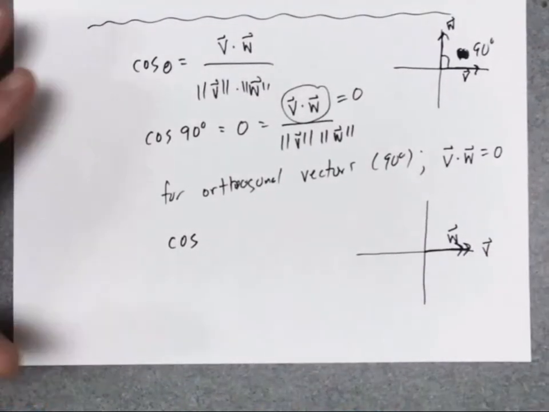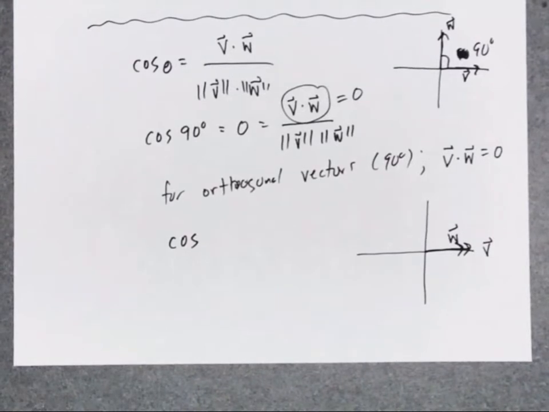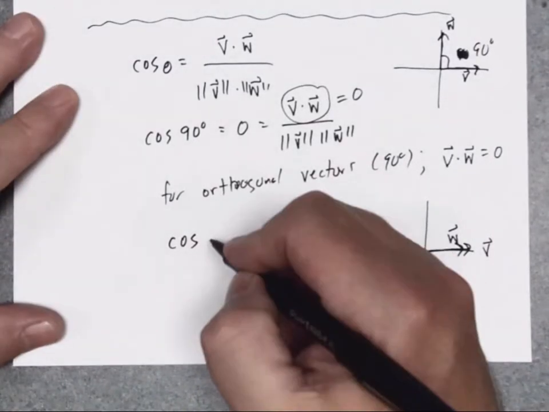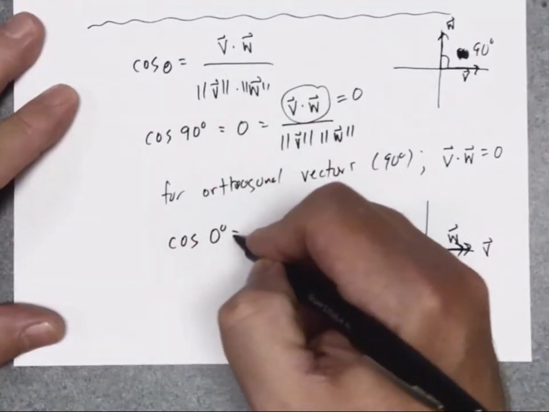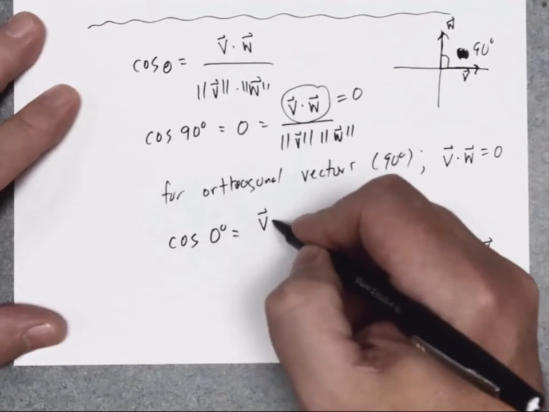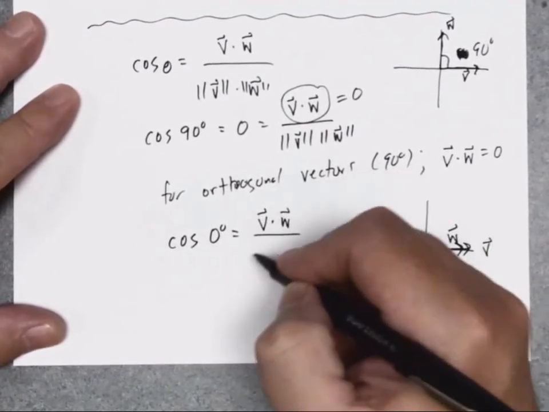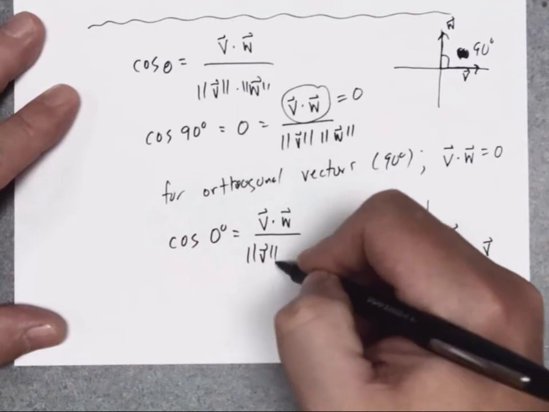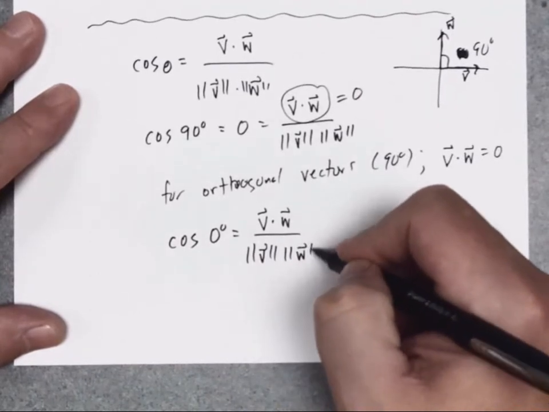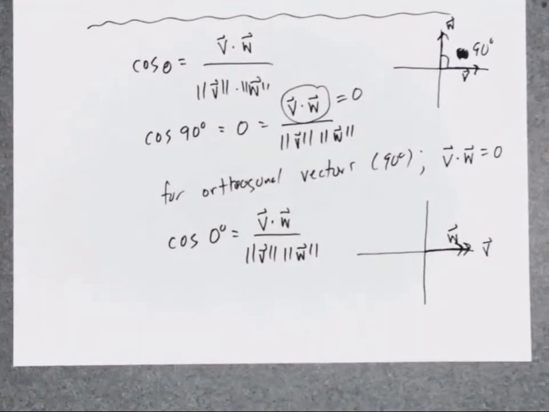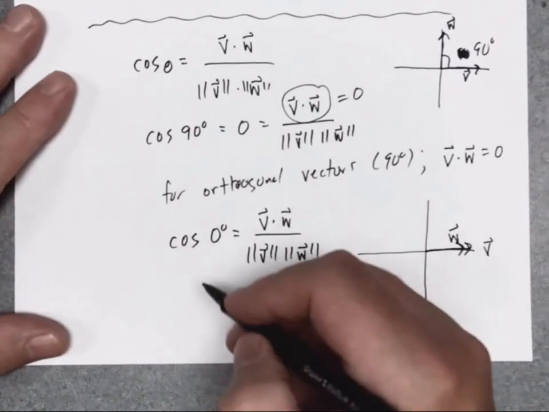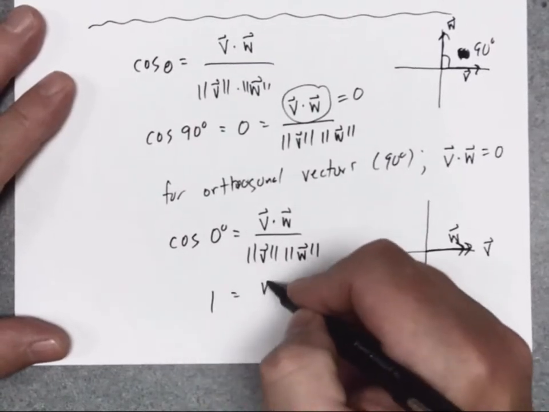I know for those parallel vectors, what's the angle between those parallel vectors? Well, obviously it's 0. What's the cosine of 0 degrees? It's just 1.